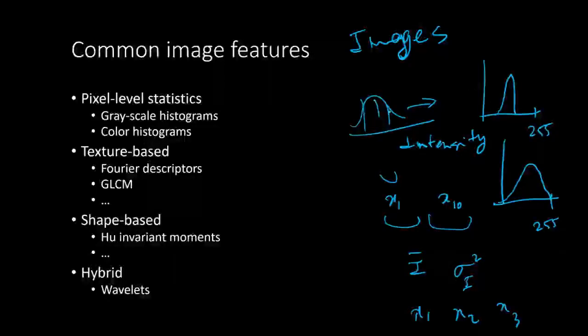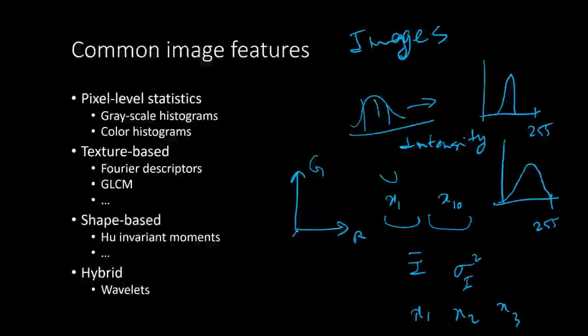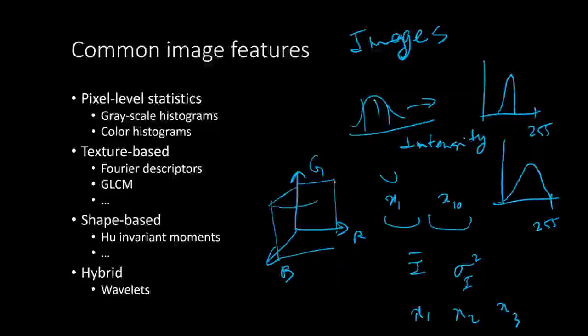Okay. Things become more interesting when we are talking about color images, because in color images you have red pixels, you have green pixels, and you have blue pixels, right? So basically, even if we take all the 0 to 255 ranges, we actually have bin values that will be in a cube, right?